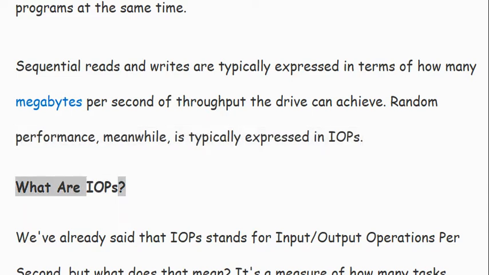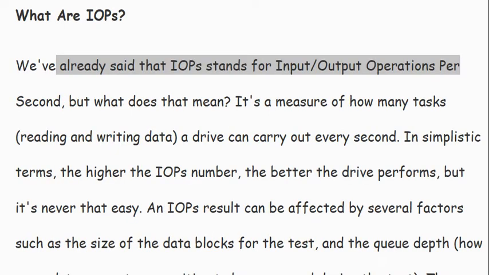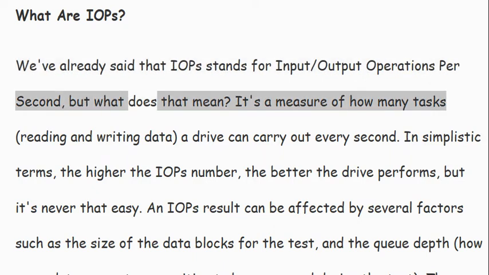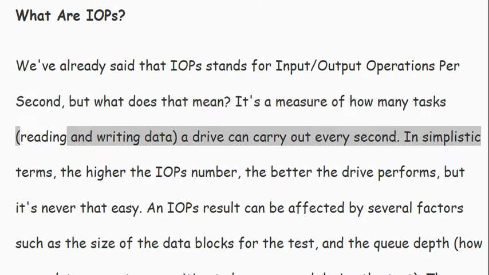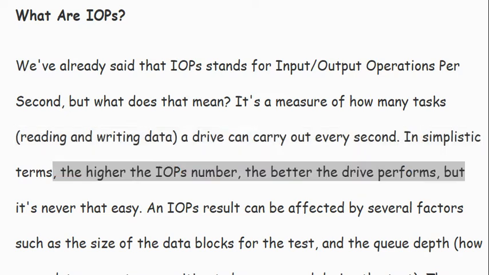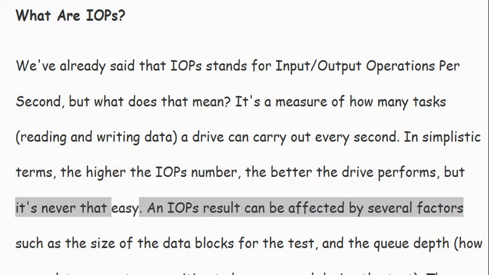What are IOPs? We have already said that IOPs stands for input-output operations per second, but what does that mean? It's a measure of how many tasks, reading and writing data, a drive can carry out every second. In simplistic terms, the higher the IOPs number, the better the drive performs, but it's never that easy.